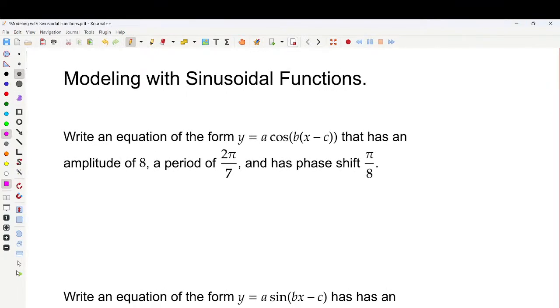Modeling with sinusoidal functions. Write an equation of the form y equals a times cosine b times a group of x minus c that has an amplitude of 8, a period of 2 pi divided by 7, and a phase shift of 8.